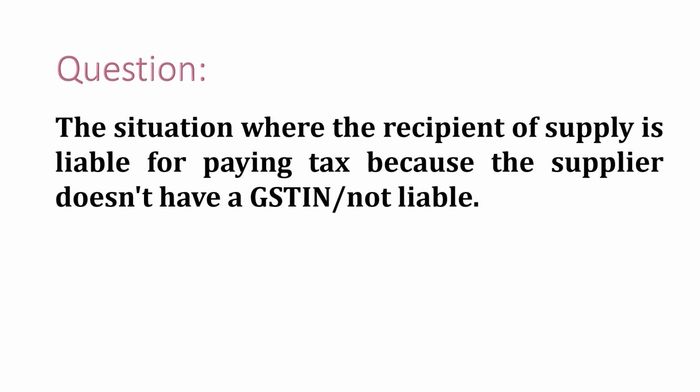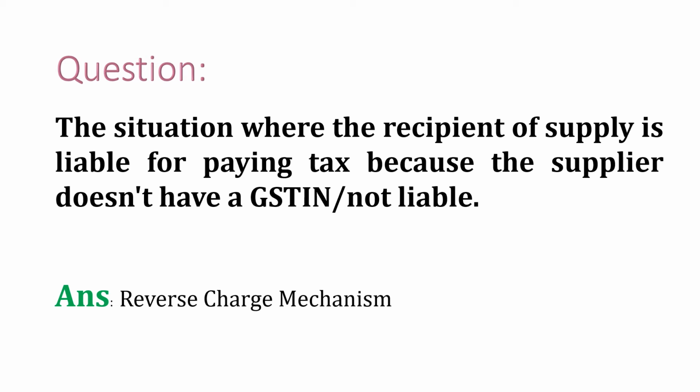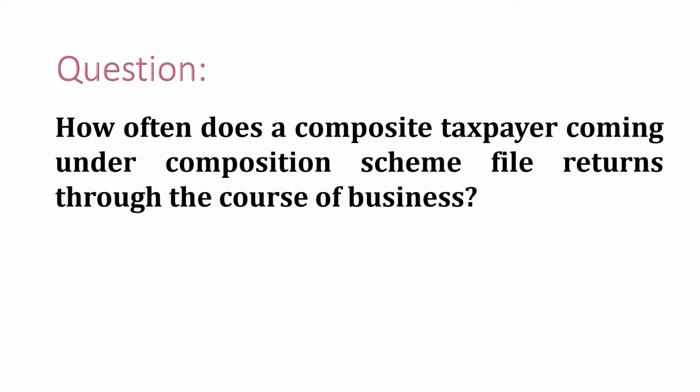The next question, the situation where the recipient of supply is liable for paying tax because the supplier does not have a GSTIN or is not bound to be registered under GST. This is a case of reverse charge or reverse charge mechanism. Next question.